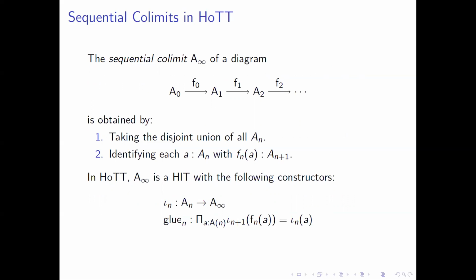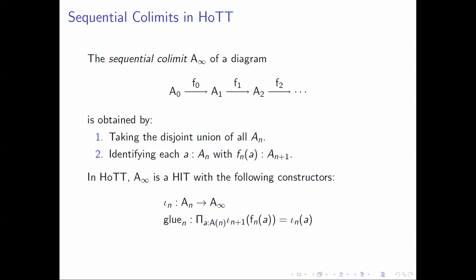So we capture this in homotopy type theory as a higher inductive type with a constructor iota_n that injects from A_n into A_infinity. So that's the injection part. And then we have the gluing part. Glue_n identifies the injection of A from A_n with the injection of F_n A from A_(n+1).